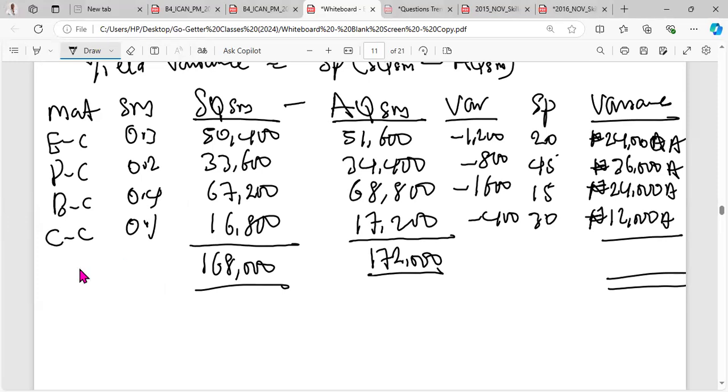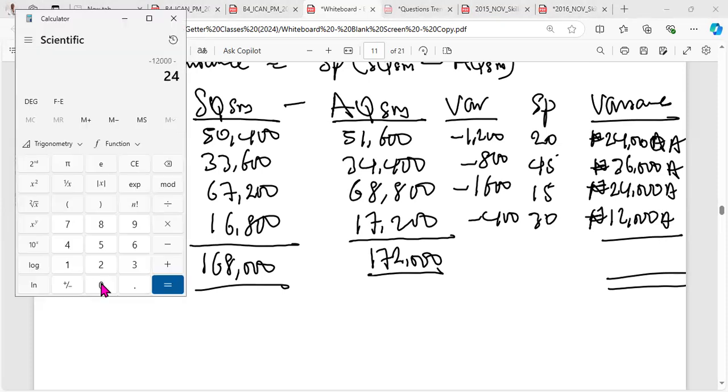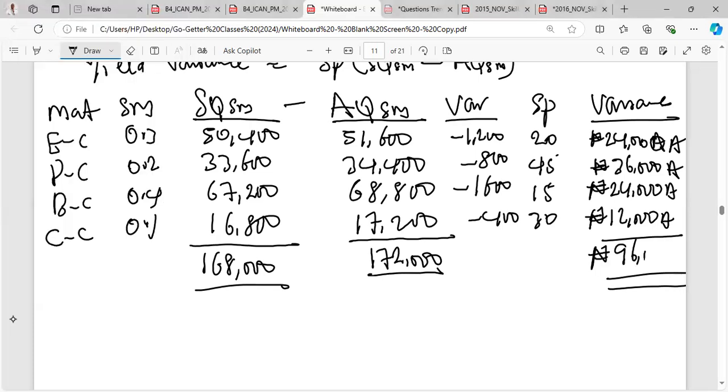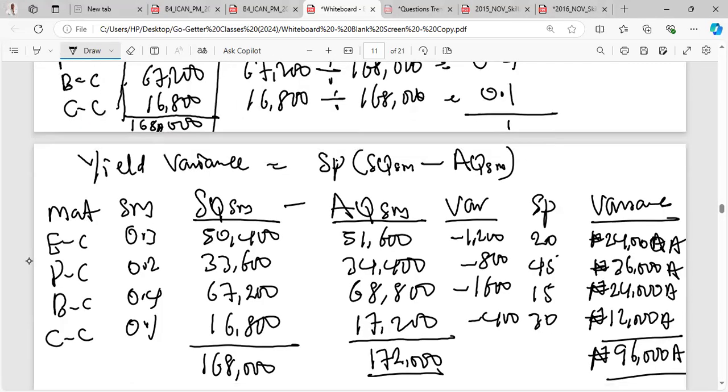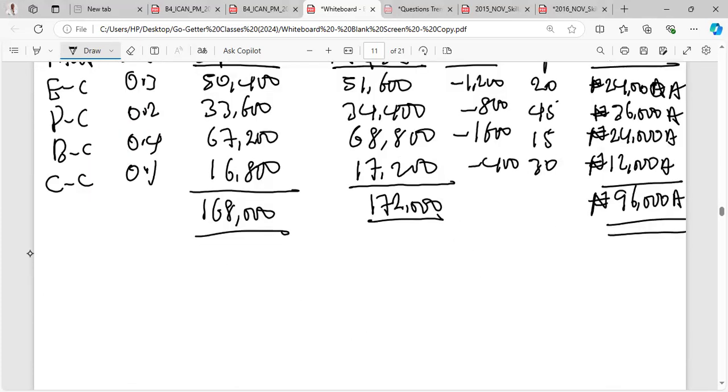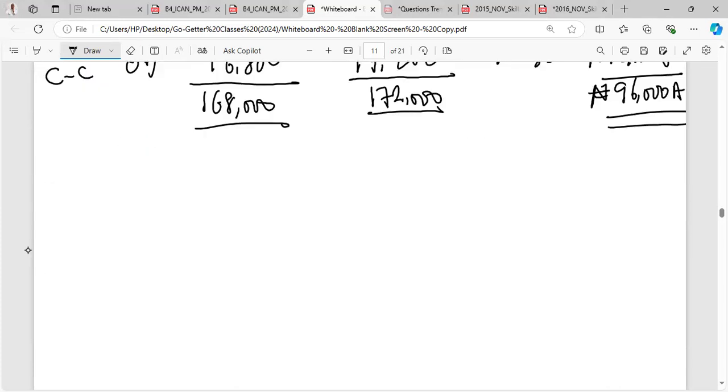Now include the 12,000, the 24,000, the 36,000, and the 24,000. That gives us 96,000 adverse. This is your yield variance.